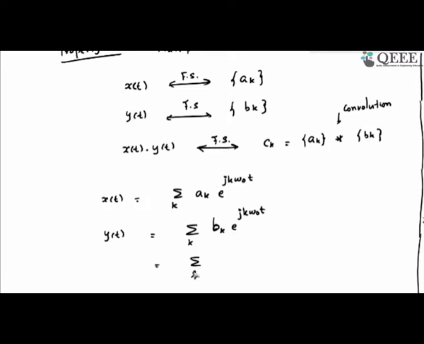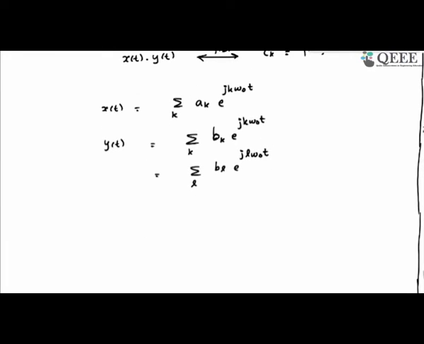I can just use a temporary summation variable, so I am going to write this as b_l e^(jl omega naught t). Here k is just a temporary variable of the summation. Instead of k, I am going to use l, because for x of t I am using the summation index k, and for y of t I am going to use a different index l.